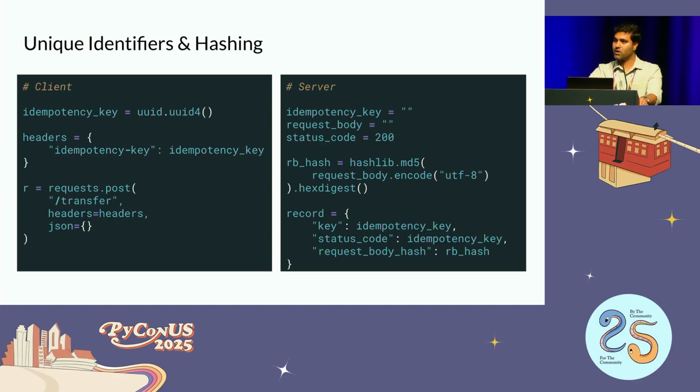If there is a retry, you take that same idempotent key and check if it is a duplicate, and if the original request was 200, let's say, you can reject it, versus if it was 400 or 500, you can let the client retry. And you can take a step further. Even if it was 200, you can compare the request body hash to decide whether to let the client retry. I think this is really important in payment systems, for example, ensuring that an action is only performed once.